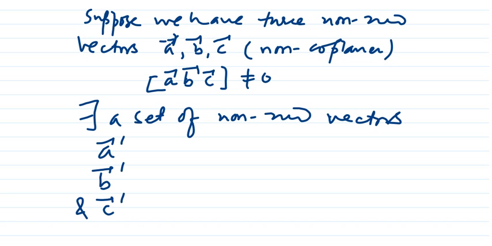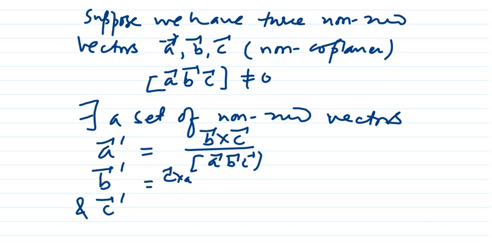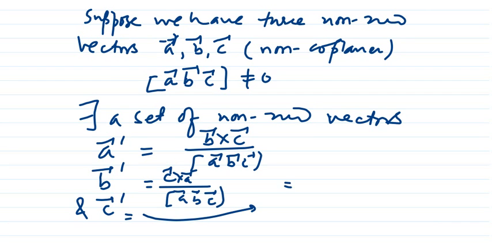A dash can be written as B cross C upon the scalar triple product of ABC, and similarly B dash can be written as C cross A upon the scalar triple product of ABC, and similarly C dash can be written as A cross B upon the scalar triple product of ABC.